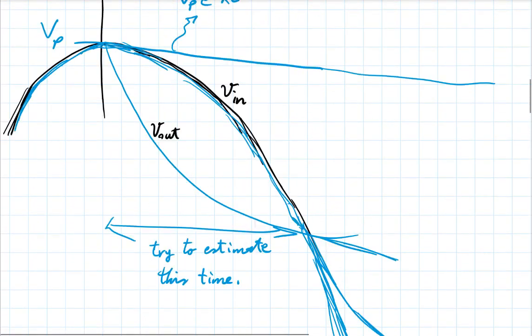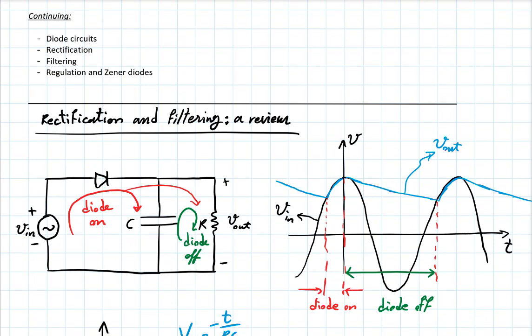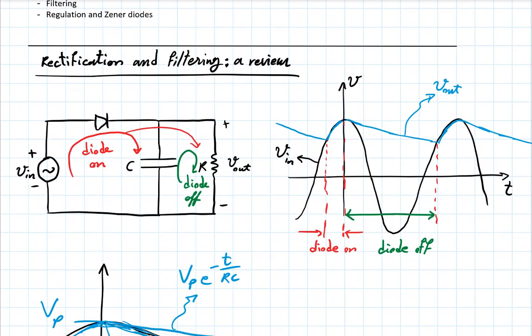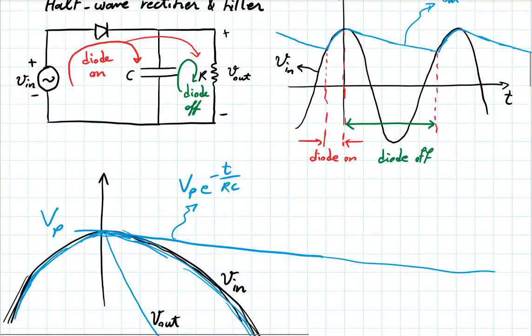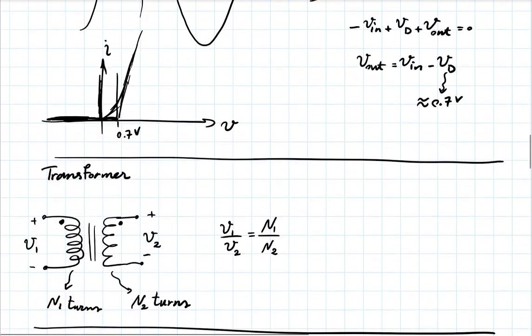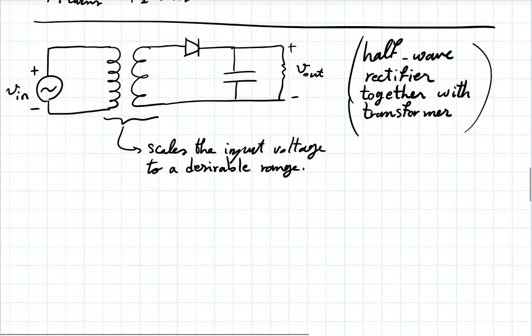And by the way, I don't know if I explicitly mentioned this, but this is called a half-wave rectifier because we are only using the positive side, half of the wave. So this is a half-wave rectifier together with the transformer.